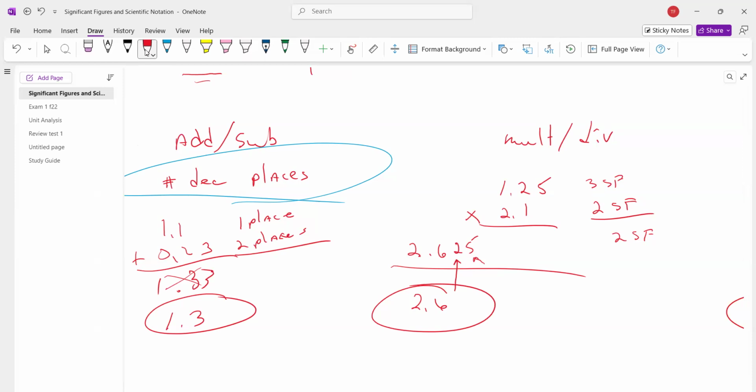If you have a TI-83 or 84, you can set it up to automatically round for you. I loaned this to one of my students, and that's what they put in here.